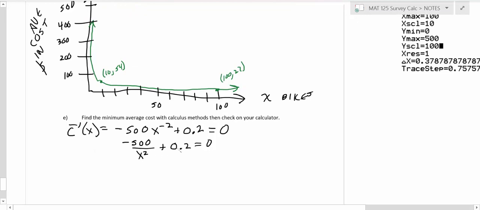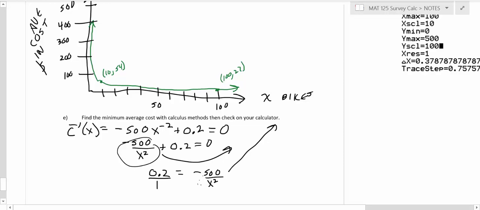The easiest way to do this would be to move that to the other side. So you would get 0.2 equals negative 500 over x squared. Put that over 1, and cross multiply is a pretty easy way to do this. So I'm going to cross multiply, so I get 0.2x squared. Oh, what in the world did I do? Did I do something wrong on this?